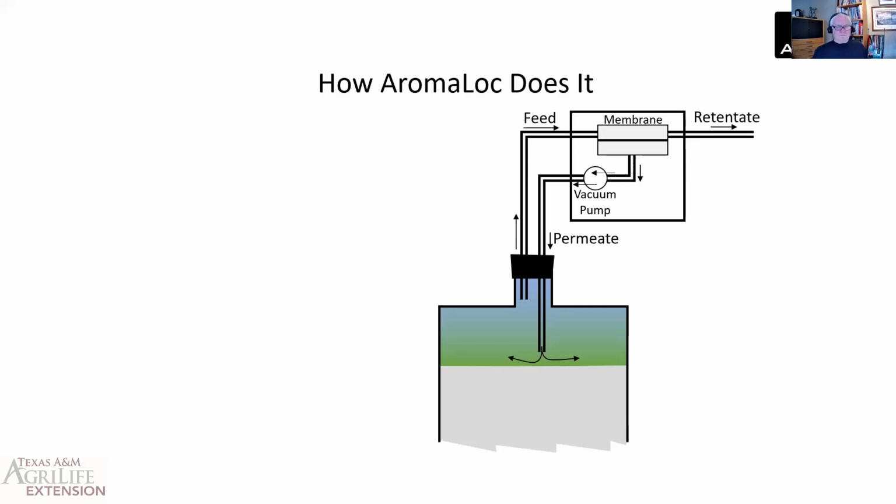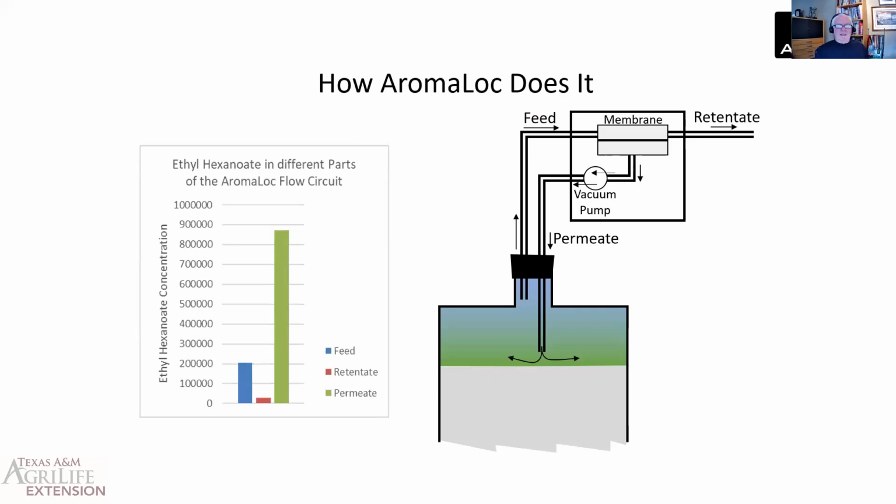Okay, so what I did recently, and this was done, I think it was early December of a few months ago, to test different parts of our Aromalock circuit in an experiment I did here at home. It was right behind this wall, as a matter of fact.